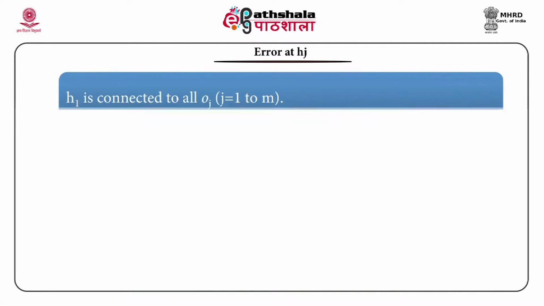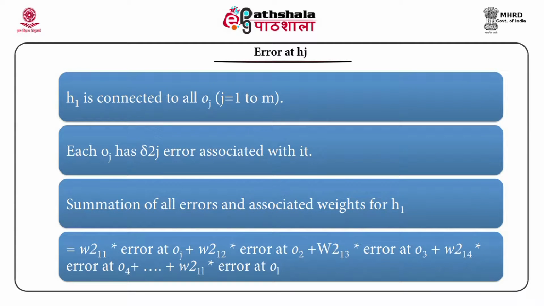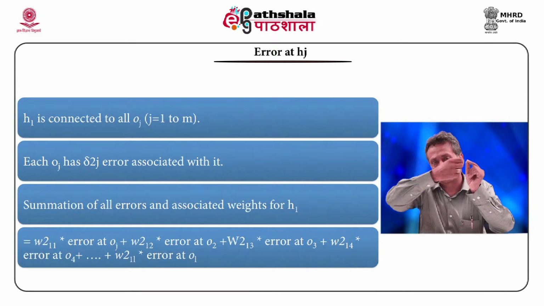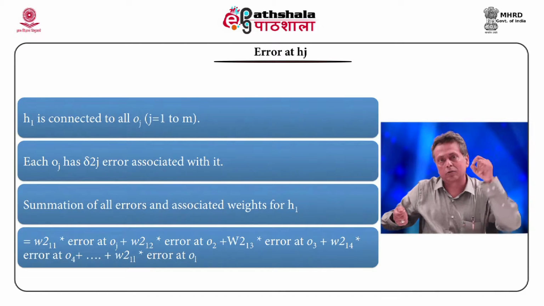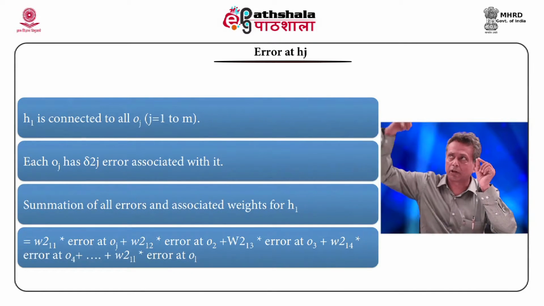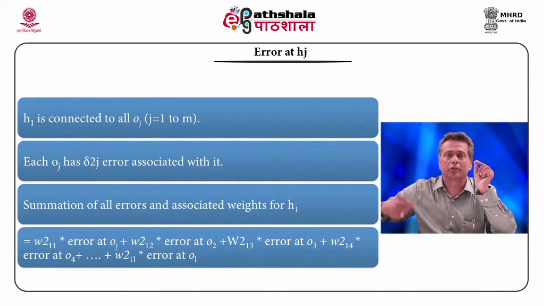Similarly, the error at Hi, the hidden unit, is calculated in a similar fashion. We call it delta 1, the error at Hi. So, there is an error coming in from an output unit to this hidden unit, and a hidden unit contains errors coming from all output units, okay.